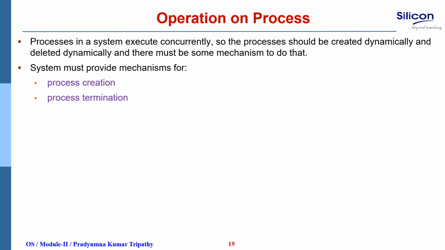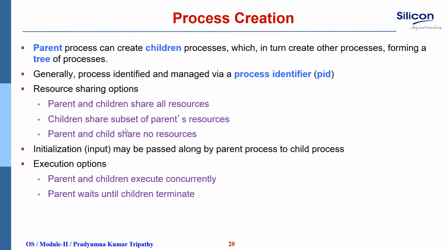So the system must provide some mechanism for process creation and process termination. We'll see how a process is created. The parent process can create child processes. I can use some system calls to create child processes.